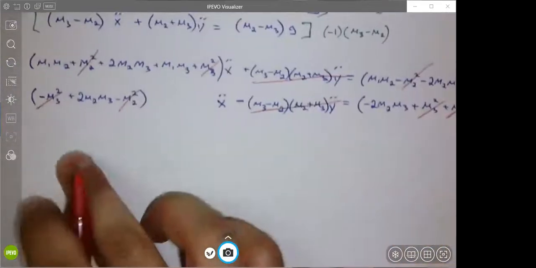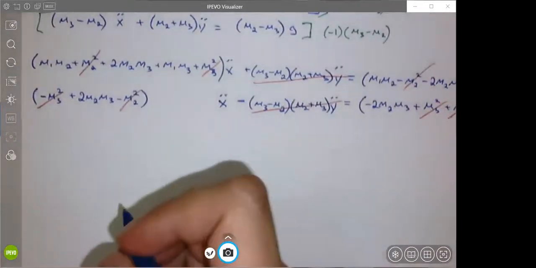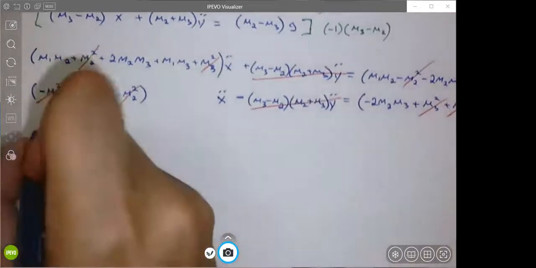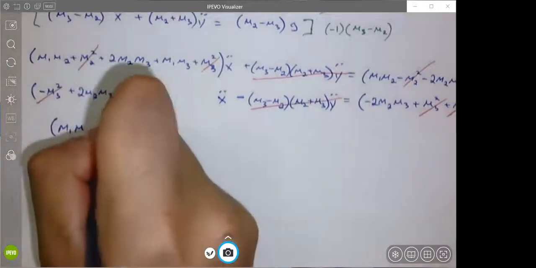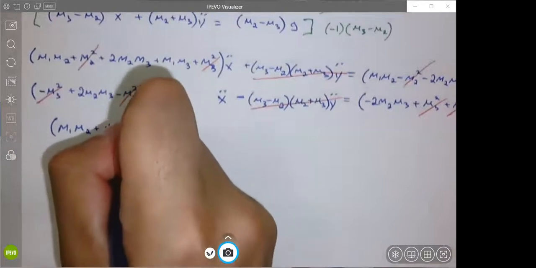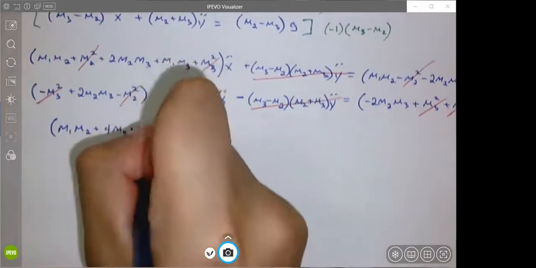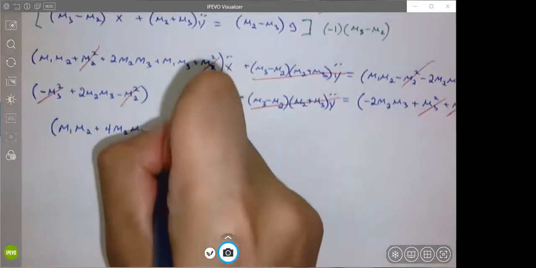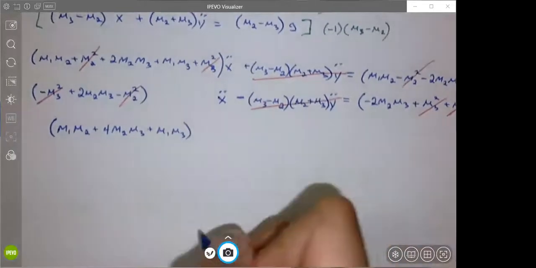And then we just combine the terms together. So we get whatever is left over, which is going to be m1 m2 plus 4 m2 m3 plus m1 m3. I think that's it.